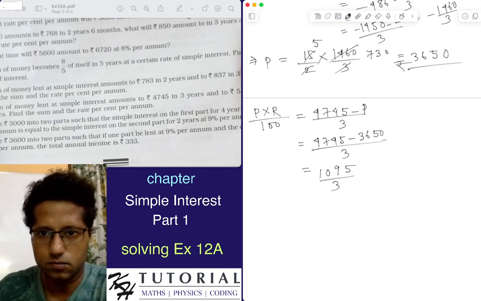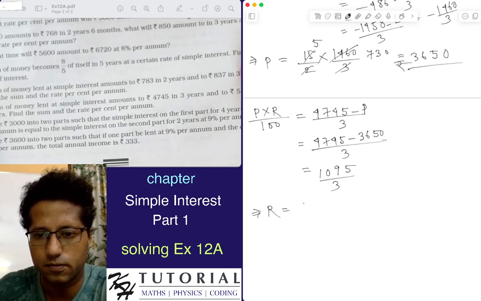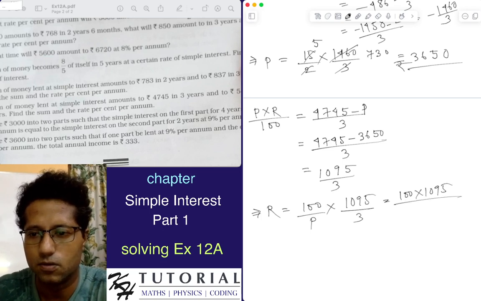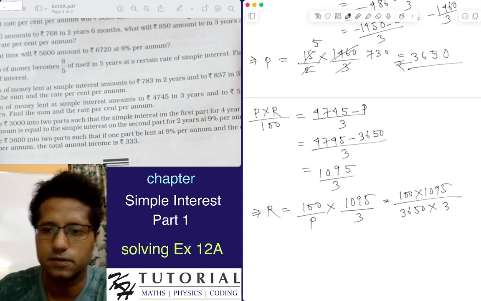Okay, now this implies R equals 100 by P into 1095 by 3. This is equal to 100 into 1095 divided by P, we know 3650 multiplied by 3.